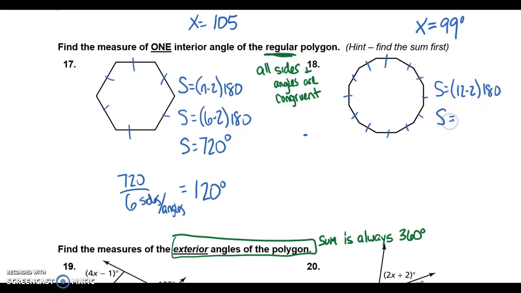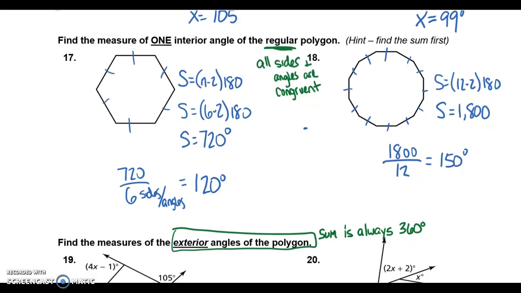And 10 times 180, we don't need a calculator for that, is 1,800. And then we take that 1,800 and divide it by 12, because that was the number of sides or angles. And we find that each angle is 150 degrees. Again, to check, if you did 150 times 12, it would be 1,800. So those are pretty straightforward.